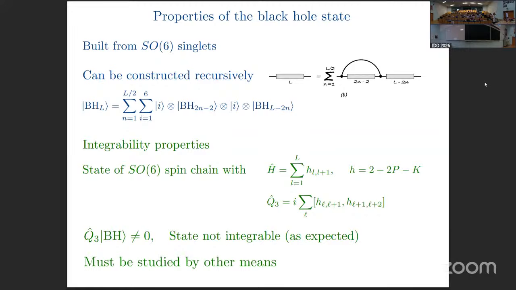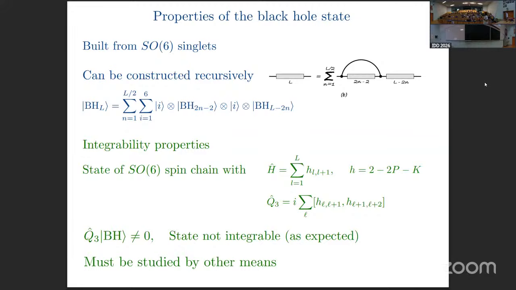So if you write the Hamiltonian of the spin chain in this way here as a sum over Hamiltonian densities, then the first conserved charge is given by this commutator here. It's something very concrete. You can apply it to something which is also very concrete, namely the black hole state, and you can see whether the black hole state is annihilated or not. And you find that it is not. So it means that this black hole state is not integrable.